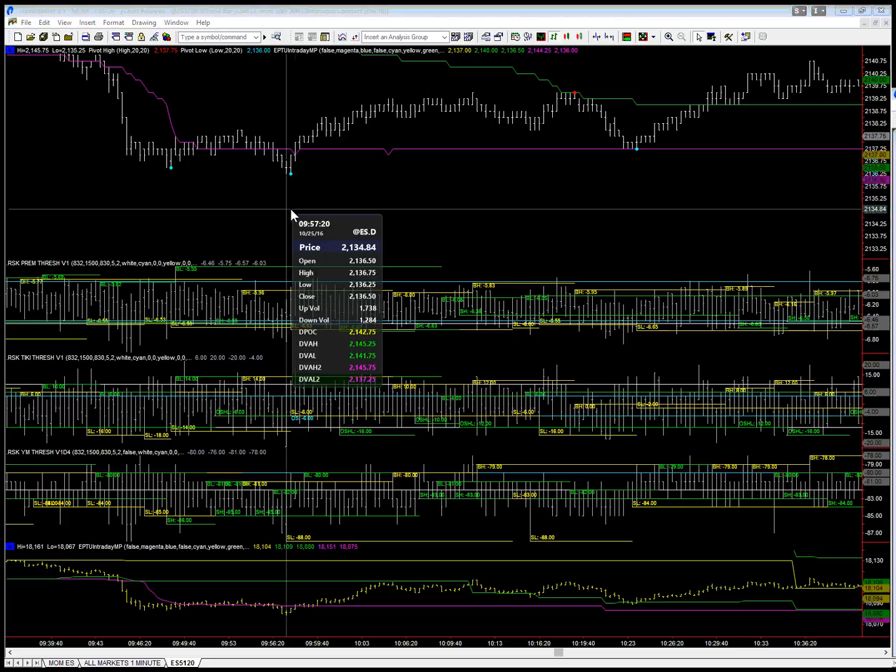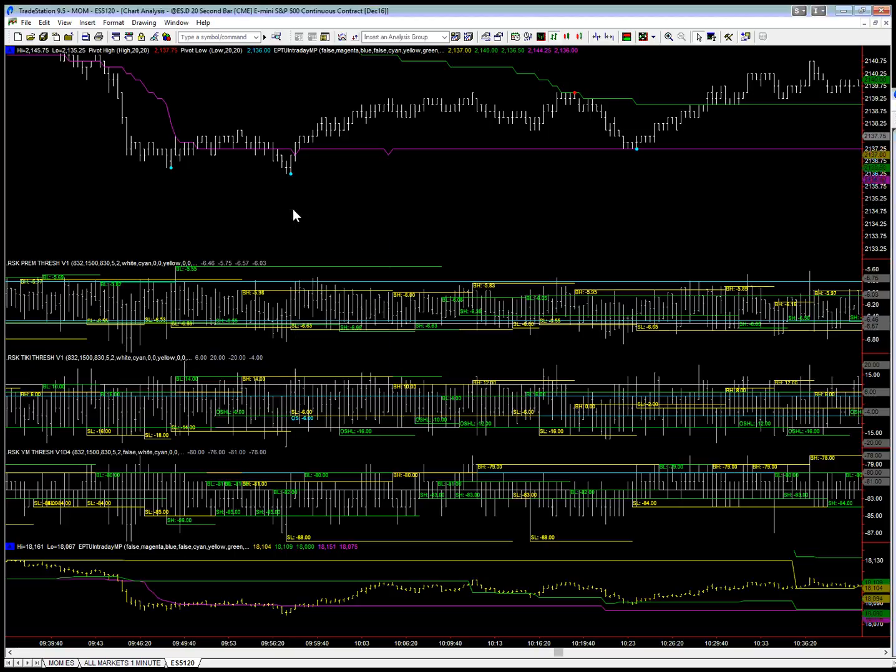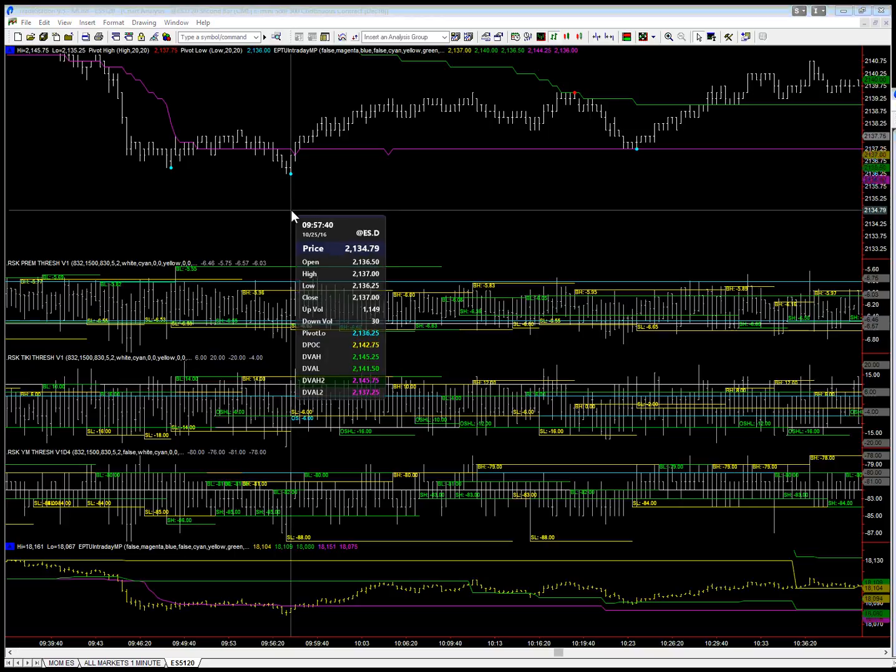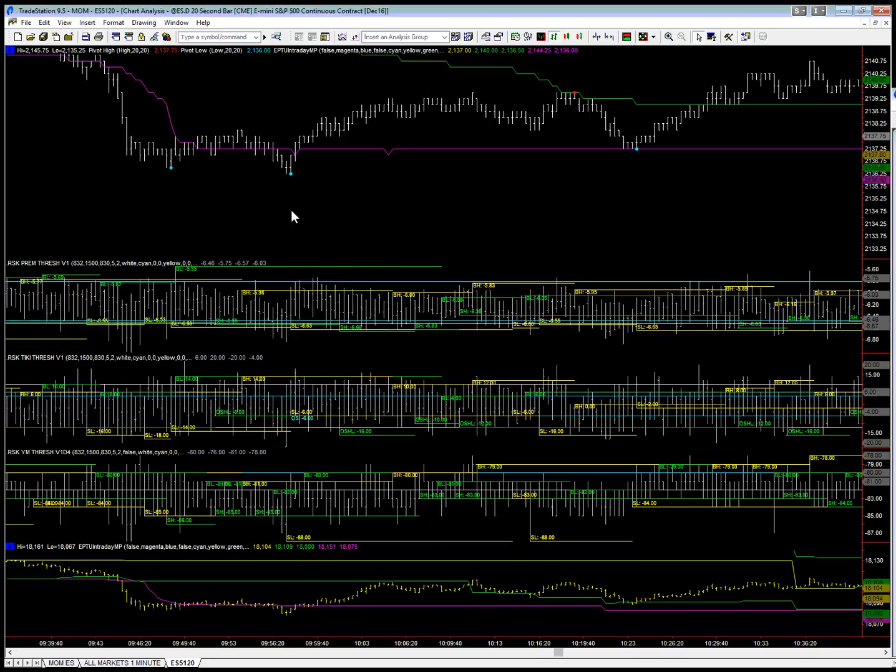Nevertheless, there's enough divergence there, and the market begins to move higher. Now, be aware that the initial balance, the low of the initial balance was at 21.40. So that is somewhat of a goal. If the market's going to rally, it's going to try to rally at least up to that initial balance level. And we see that happening.